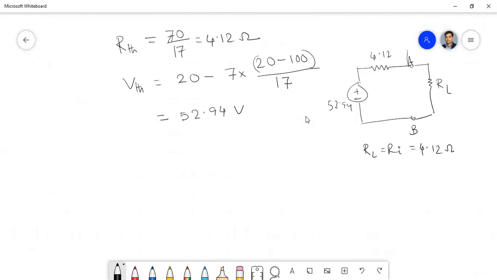Next answer is what is the maximum power? Quickly. VTh square by 4 RTh, that is 4 RL. That means 52.94 square divided by 4 into 4.12.